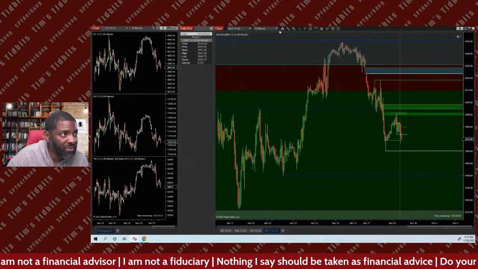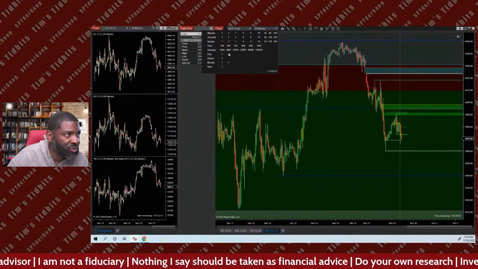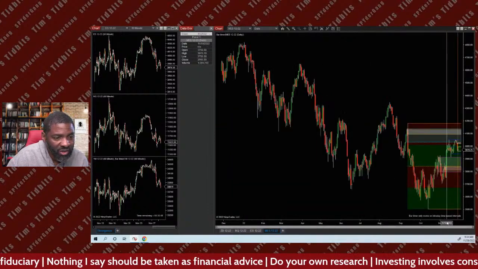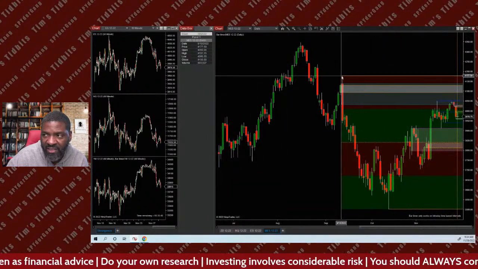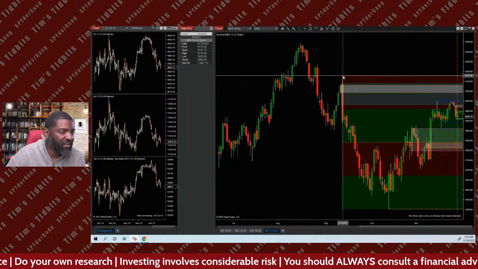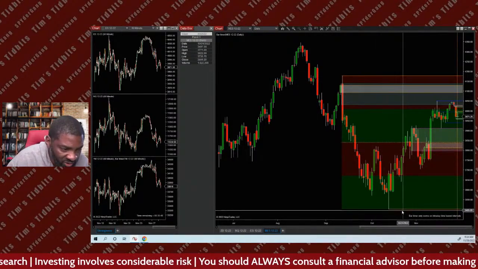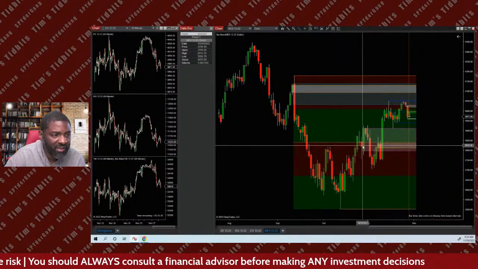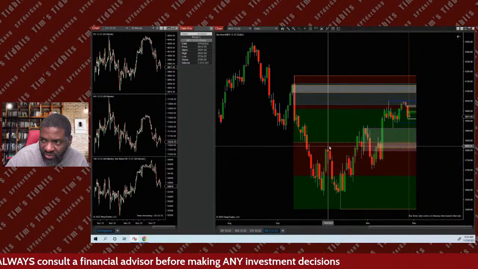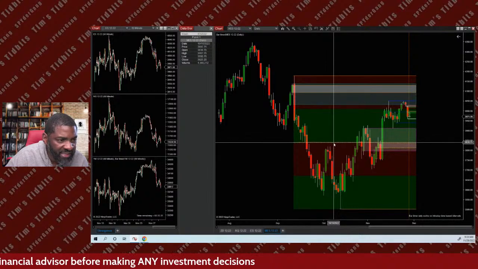So let's look at the clues of what the market is trying to do right now in the overall scheme of things on the monthly box. Let's zoom out so we can see that. On the monthly box, this orange line up here on the high of September 13th, and this orange line down here on the low of October 13th, that's our monthly box. This orange line in the middle right there, that's equilibrium.